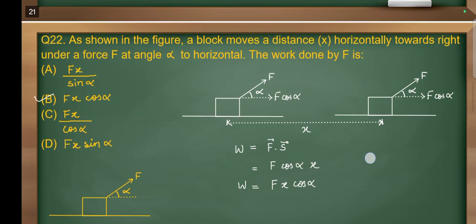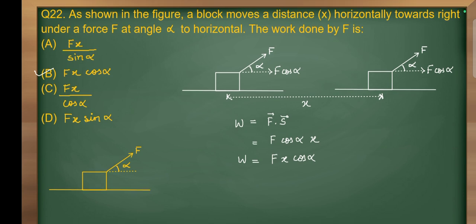Question number 22. As shown in the figure, a block moves a distance x horizontally towards the right under the force F at an angle alpha to the horizontal. The work done by the force is. Here the force F is making angle alpha with the horizontal. We know that work done is equal to F dot S, where F is force and S is displacement.